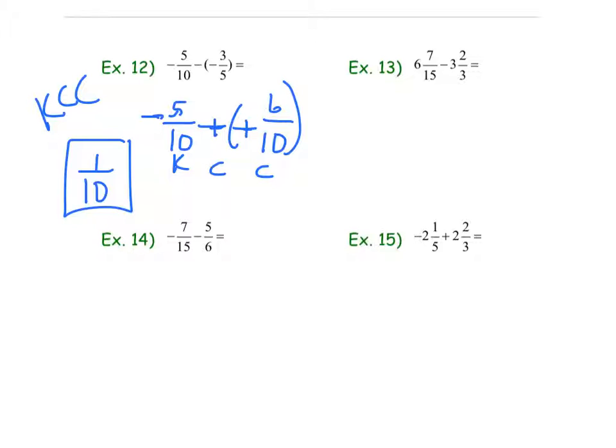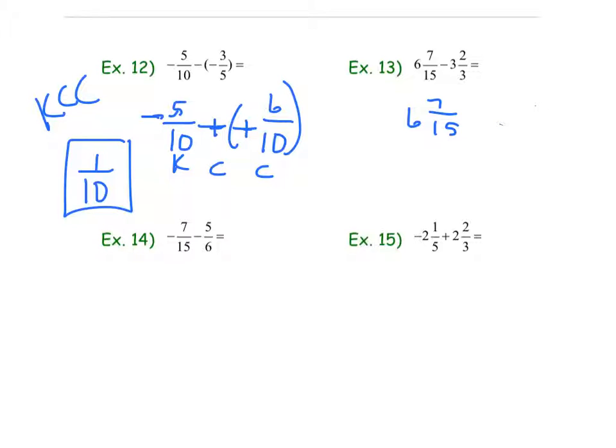Number 13, I have to get a common denominator, so 6 and 7/15. Subtracting 3. 3 goes into 15 5 times. 5 times 2 is 10. So now I have to borrow. So let me erase this because I like them lined up differently.